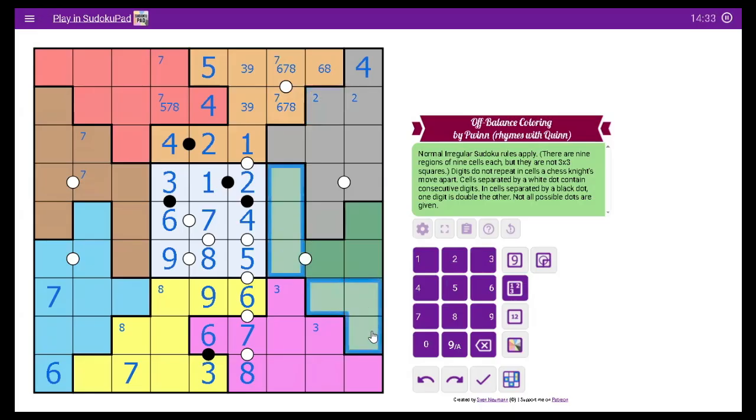These 7s tell me there's a 7 in one of two positions, right? Because it can't go here by Sudoku. These 7s here are looking at these rows, so it can't go in any of those positions. And it can't go here, so it must be in one of two positions.